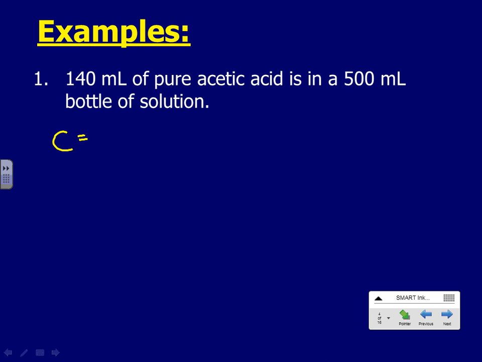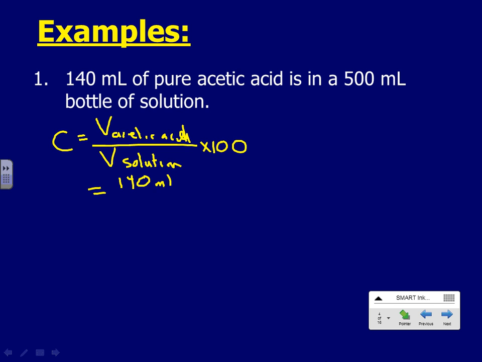And I don't normally write this equation out because it's just a percentage, but I'll write it out just to show you where it's coming from. Volume, in this case in milliliters, volume of acetic acid over volume of solution times 100, and you don't need to write that all out. 140 milliliters over 500 milliliters times 100.